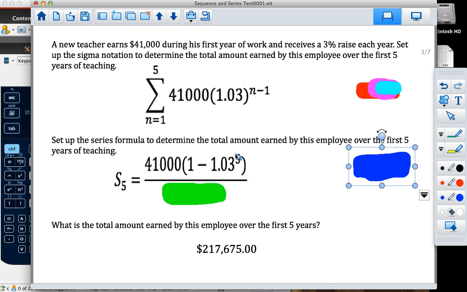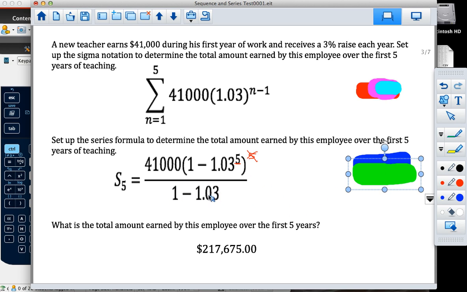Make sure that 5 is right here. I have a lot of students that want to put the 5 out here. That's the wrong place for it. The 5 needs to be attached to the rate there, okay? And then you have to divide by 1 minus your rate, your 1.03.